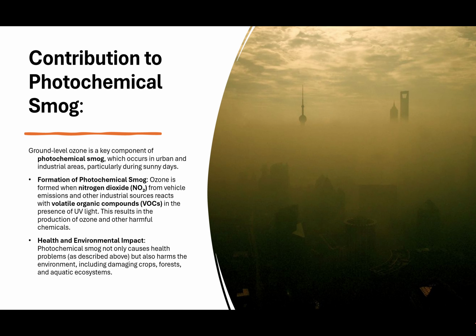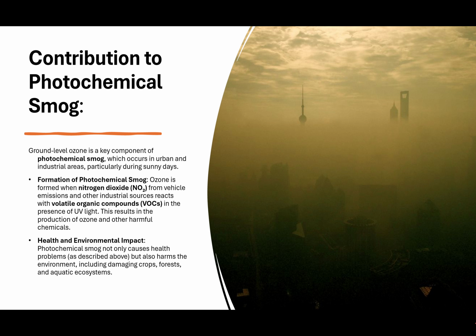Contribution to photochemical smog as well. Photochemical smog occurs in urban and industrial areas, particularly on sunny days. We're looking at how photochemical smog forms with a high proportion of ozone. Ozone is formed when nitrogen dioxide from vehicle emissions and other industrial sources reacts with VOCs in the presence of UV light.